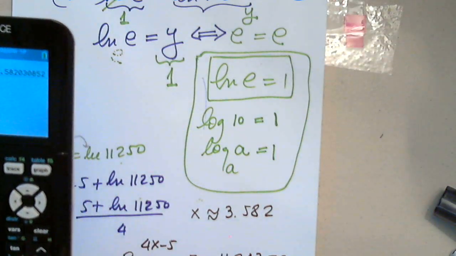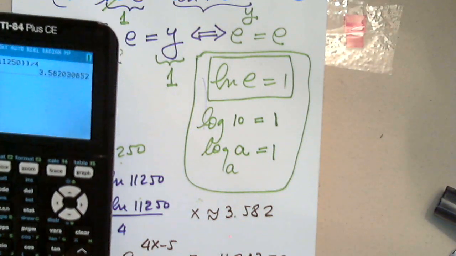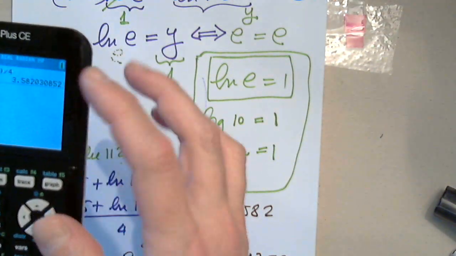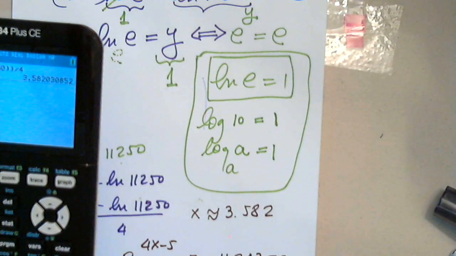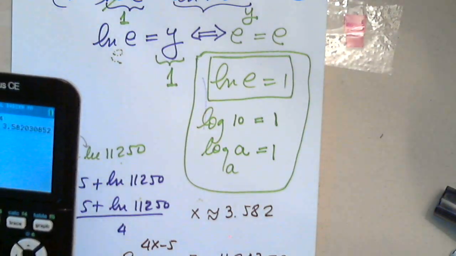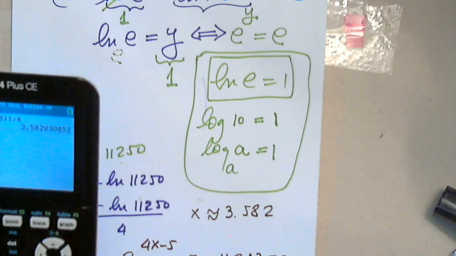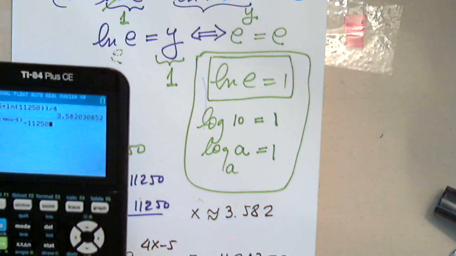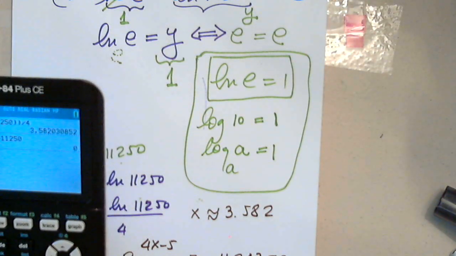And then put minus 5, close the parenthesis, come down from the power, don't continue at the power level, and put minus 11250, and now you will get 0, I guarantee you.